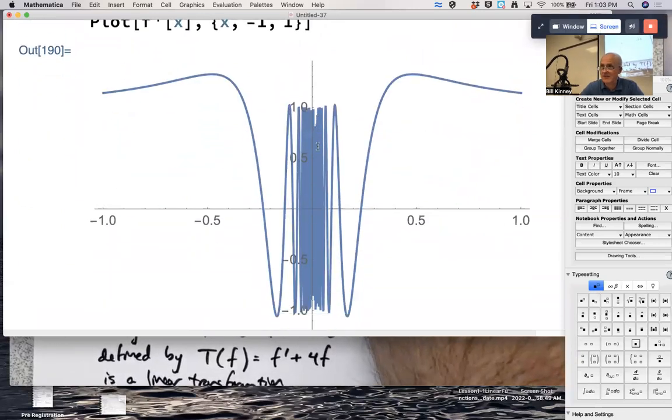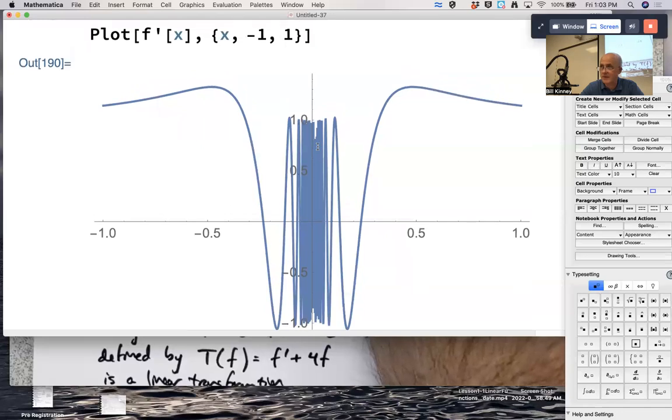It itself doesn't have a limit as x goes to 0. That's the graph of the derivative. Even though f prime of 0 is 0, that derivative is not a continuous function at 0. It does exist everywhere, but it's not continuous at 0 because the limit doesn't even exist.